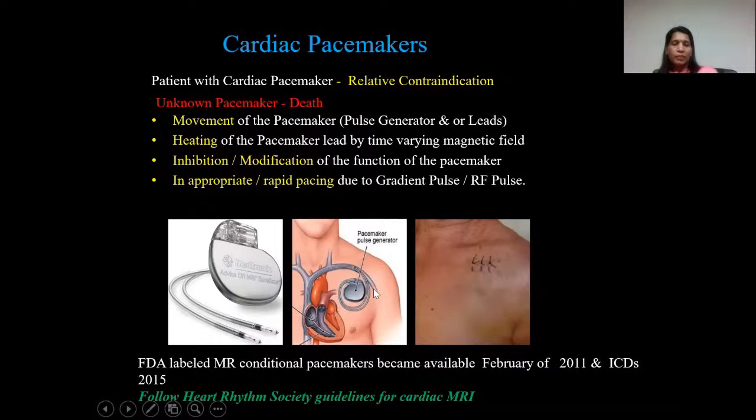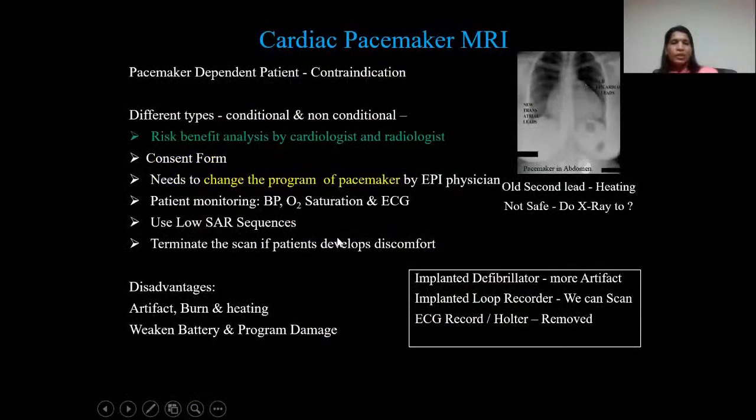Then we can do MRI for patients with a pacemaker, but they have to follow certain guidelines. Actually, the Heart Rhythm Society has provided guidelines for doing MRI of patients with a pacemaker. It has provided the workflow for both conditional and non-conditional pacemakers and ICDs.